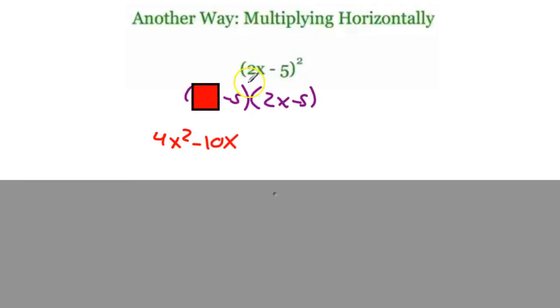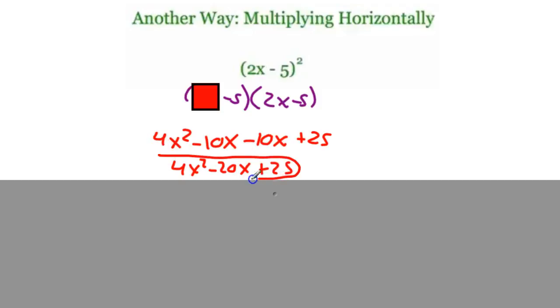So I can do negative 5 times 2x. That is negative 10x. And negative 5 times negative 5 is a positive 25. Now we want to combine the like terms. So 4x squared, that's by itself. Negative 10x and negative 10x becomes negative 20x. And then we have plus 25.